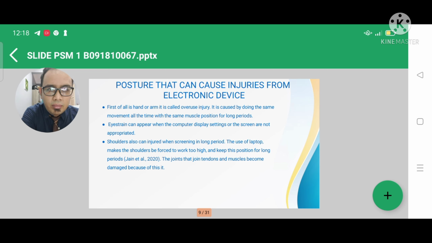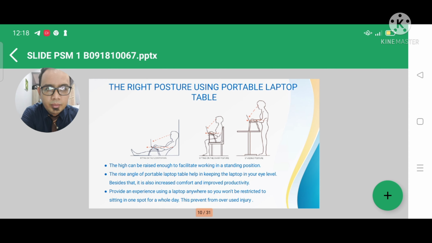The use of a laptop makes the shoulder be forced to work too high in this position for a long period, said Jane et al. 2020. The joint, tendon, and muscle become damaged because of this.